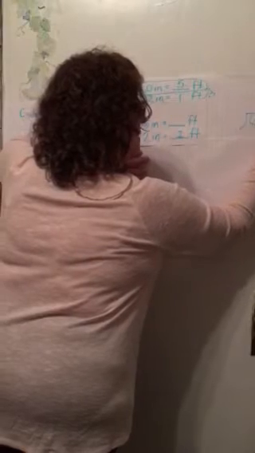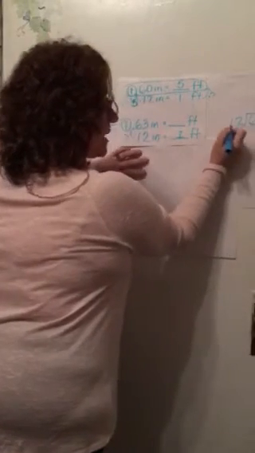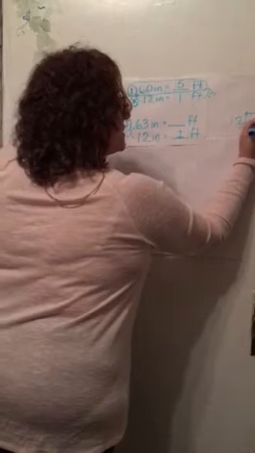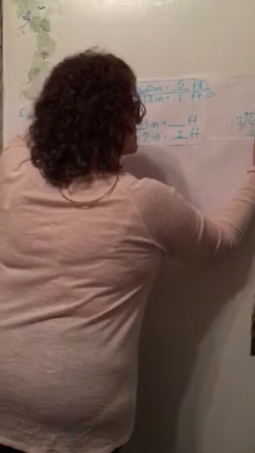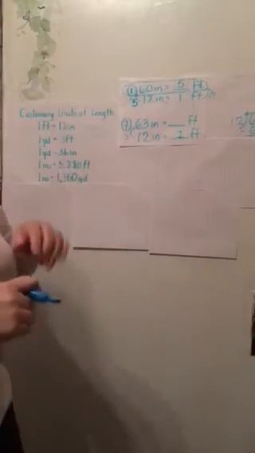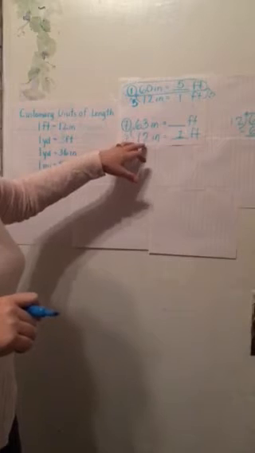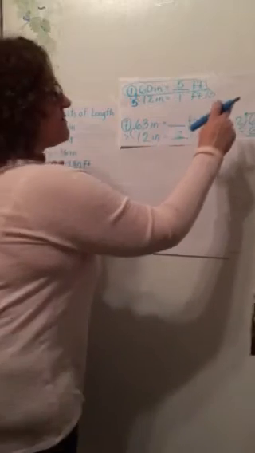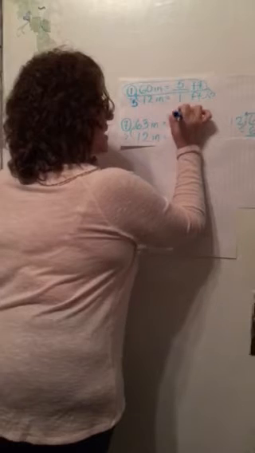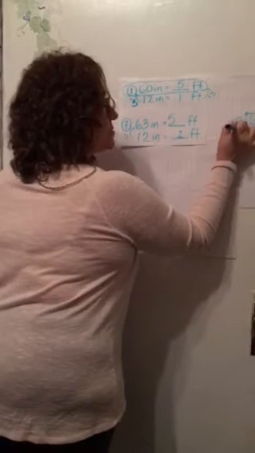So let's do 63 divided by 12. 12 into 63 goes 5 times. 5 times 12 equals 60. And there we have it. 63 inches equals 5 whole feet and 3/12 of another foot.